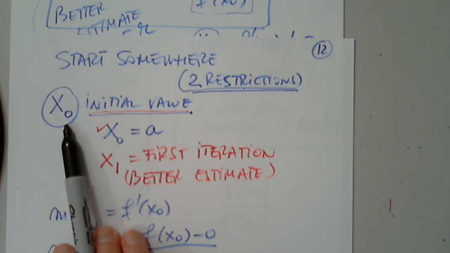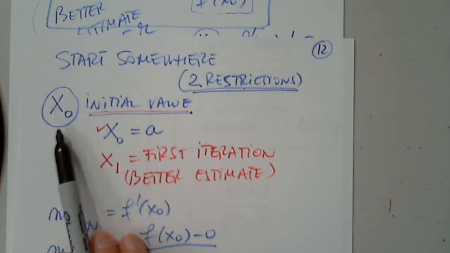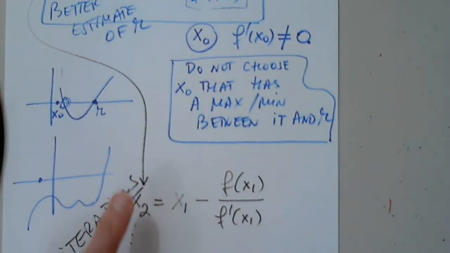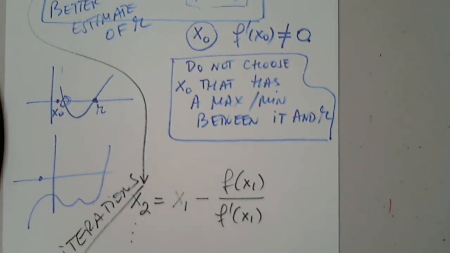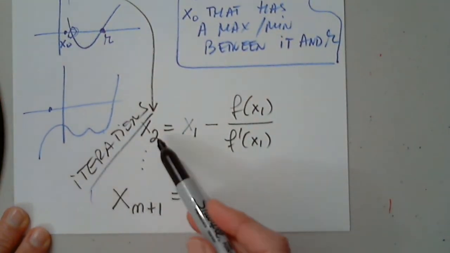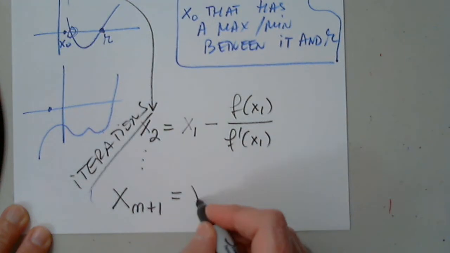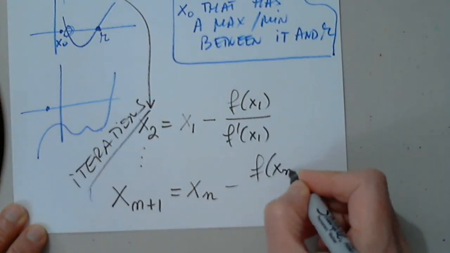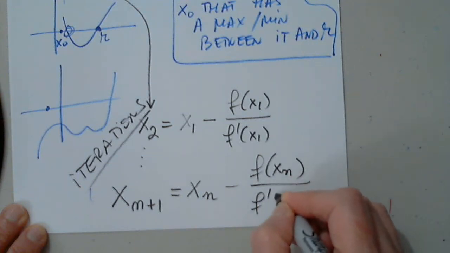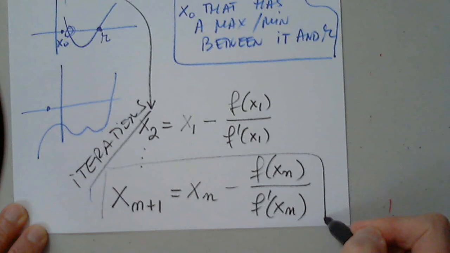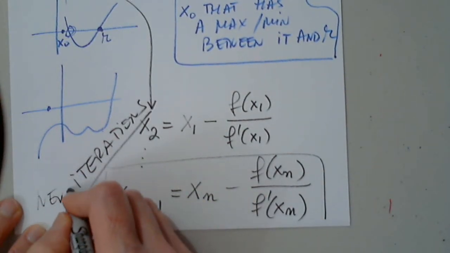But if you want to call this x sub 1, that's fine. If you want to call the next one x sub 2, that's fine. It doesn't matter. So the n plus first iteration will be the previous one minus f of the previous one over f prime of the previous one. And this is Newton's method.